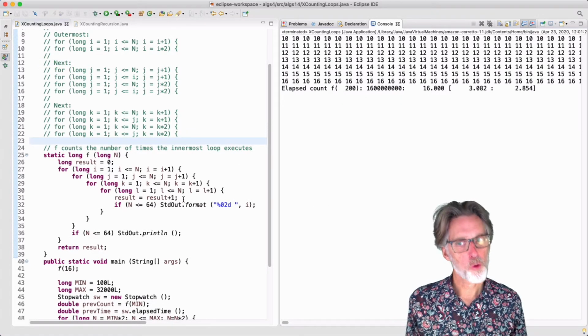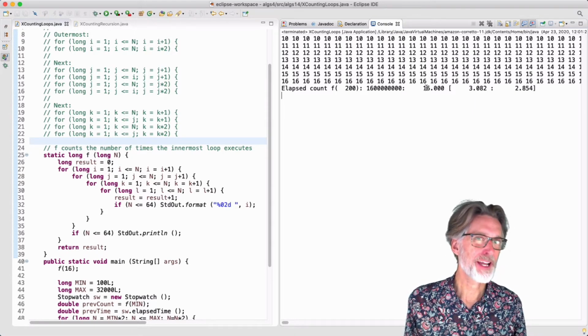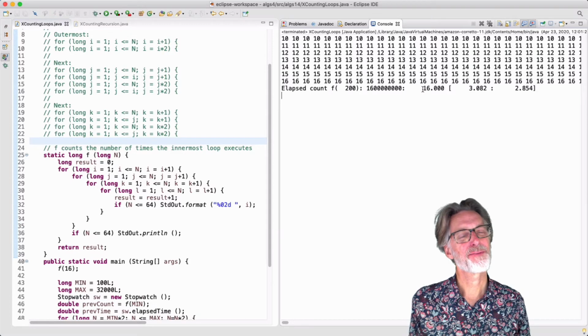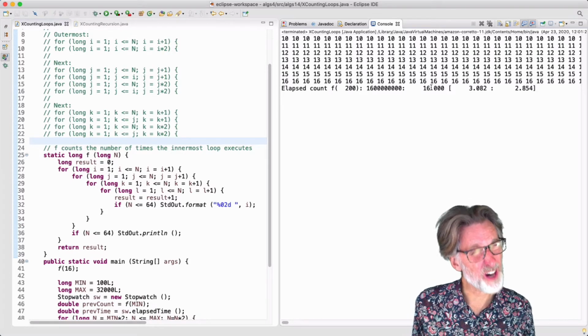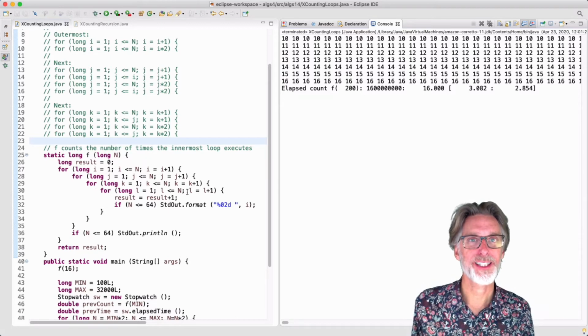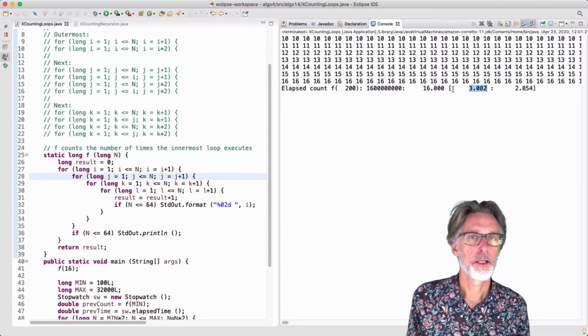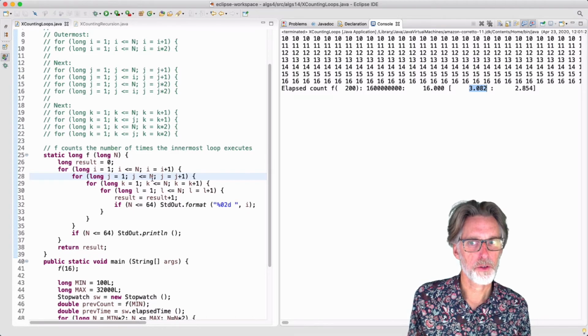Well, here's a 4-dimensional cube, and you can see here, the ratios now are 2 to the 4th, which is 16, because I'm going in 4 dimensions. For an input size of 200, my computer's taking about 3 seconds. What would it do for a triangular version of this code?